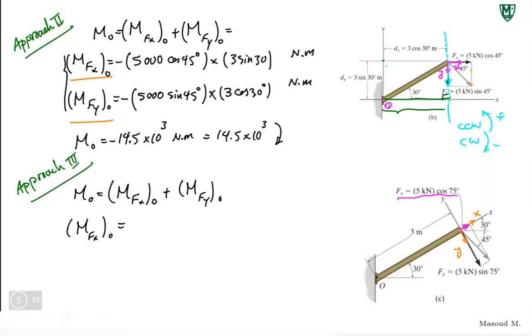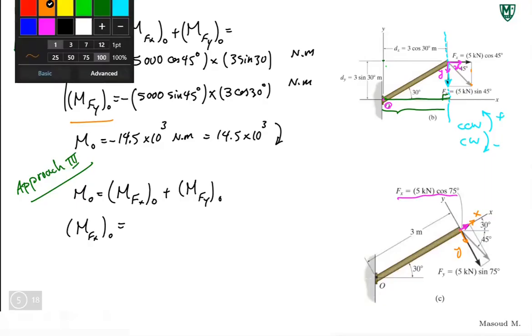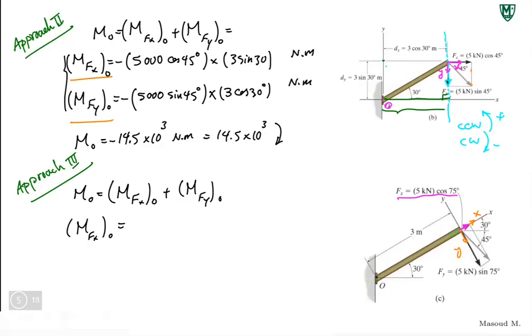This is the line of action for Fx. What is the moment of Fx about point O? The moment Fx creates about point O. This is something I just mentioned at the beginning of this lecture. Is it the 5k cosine 75?